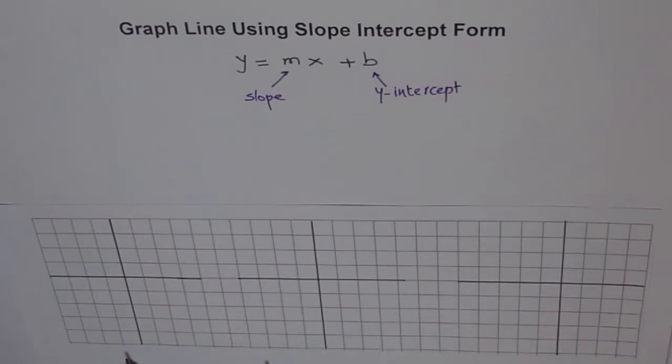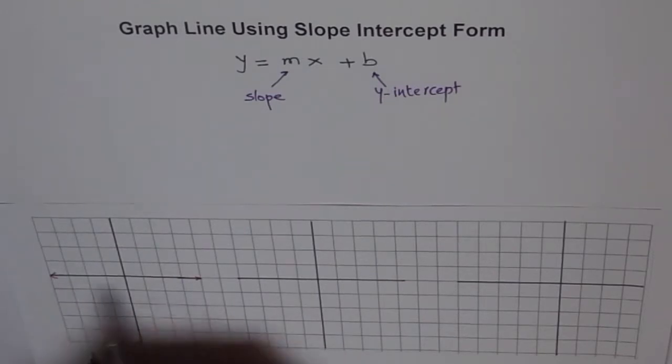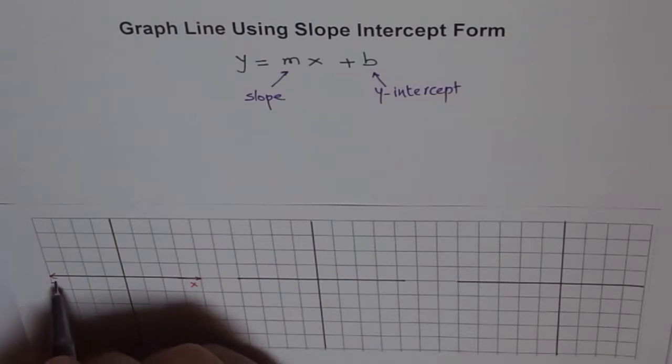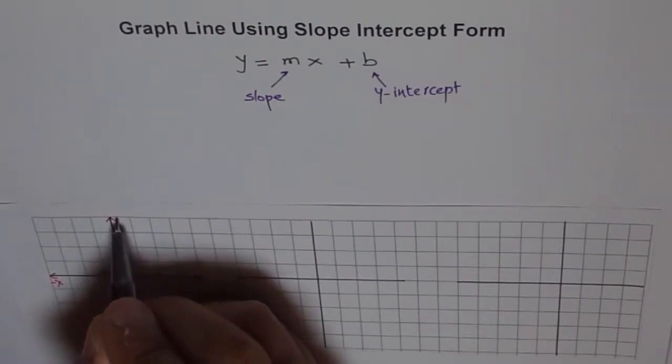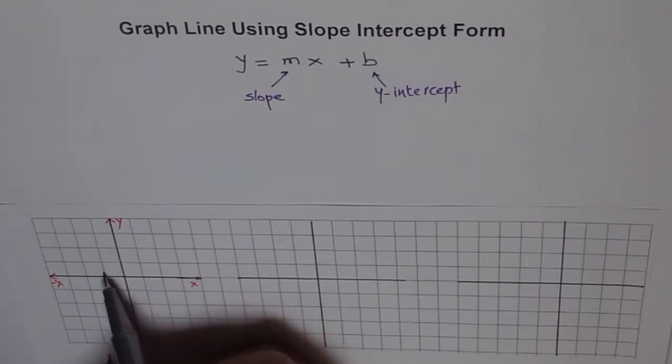So here in this graph, this is our x-axis, correct? Positive side, negative side of x, and that's our y-axis, negative y, correct? So wherever the graph crosses the y-axis, that becomes the y-intercept.